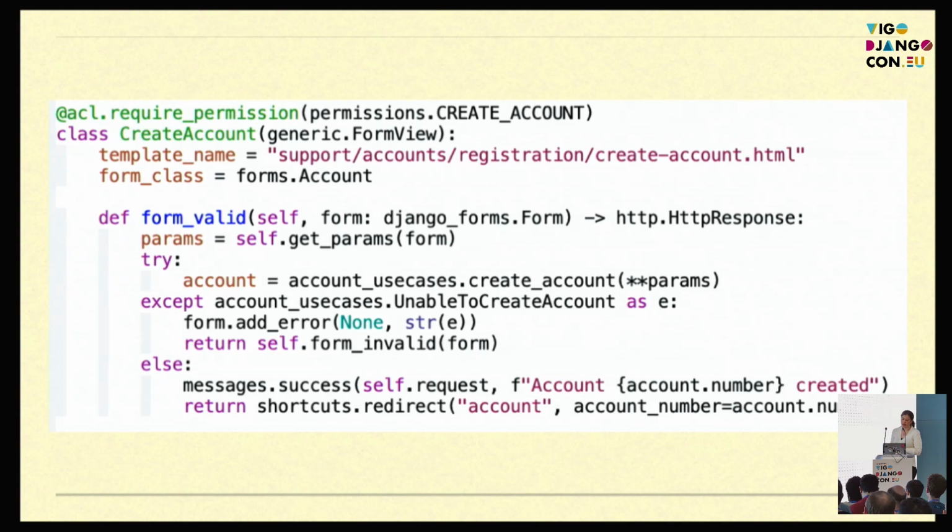We use the same use cases in the other interfaces. Like we call the same use case from our GraphQL API. And when we are migrating clients from within our management commands. So this gives us a great power of reusability.